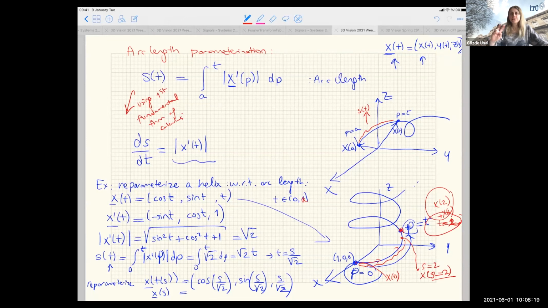So that is the difference. The other one was just some arbitrary naming, we said time equals 2, okay? So this tells us where we are on the curve after we walked 2 units.